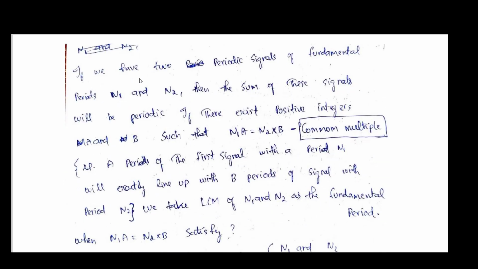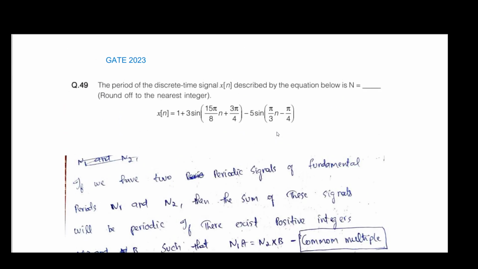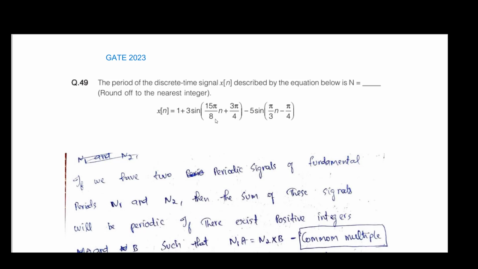So the basic concept is, if you have two periodic signals of fundamental periods n1 and n2, then the sum of these signals will be periodic if there exist positive integers a and b such that a times n1 is equal to b times n2. Suppose you have a signal that is a composition of two signals, and you know the period of the first signal and the second signal.